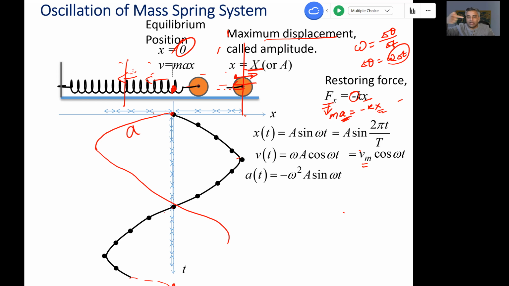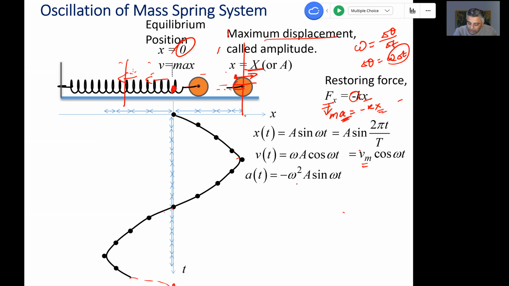So acceleration is this way. When it's moving this way, acceleration is that way, opposite, okay? Slowing down means acceleration is in the opposite direction. So it has a negative sign. It's on the opposite side, okay? So that's what the acceleration of an oscillating object looks like.